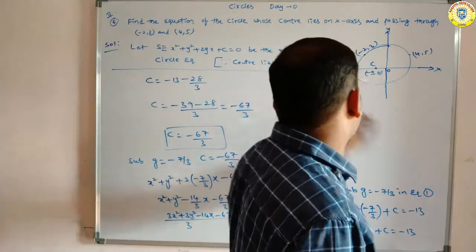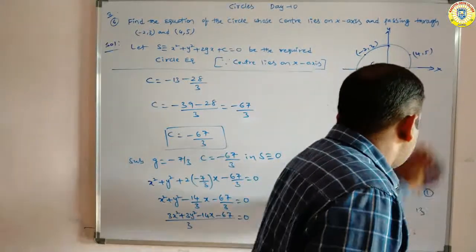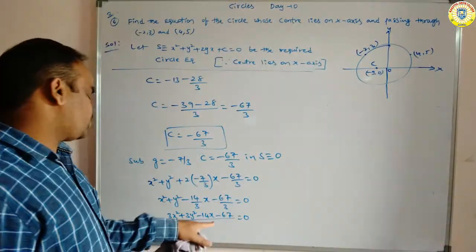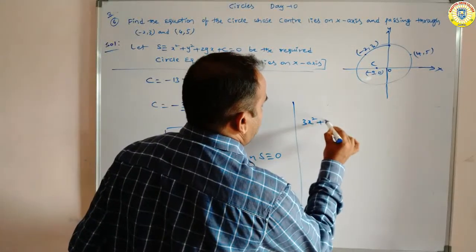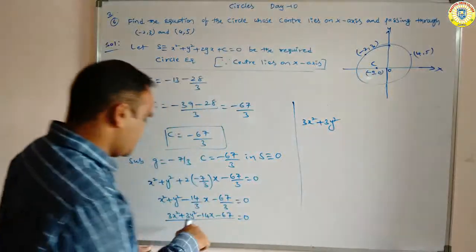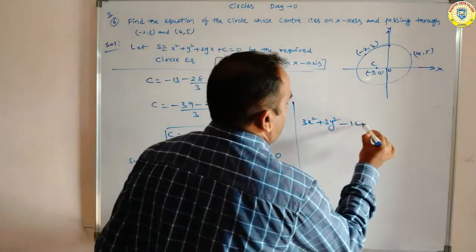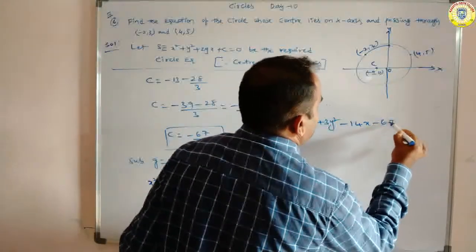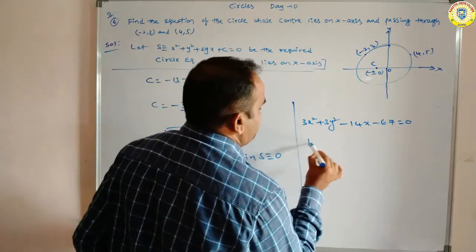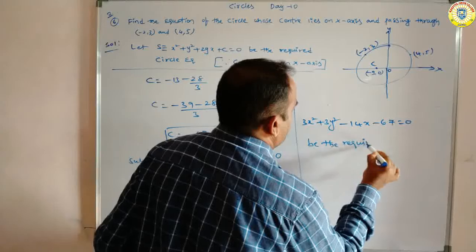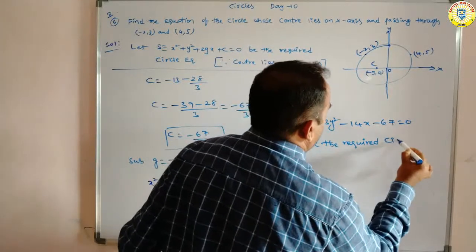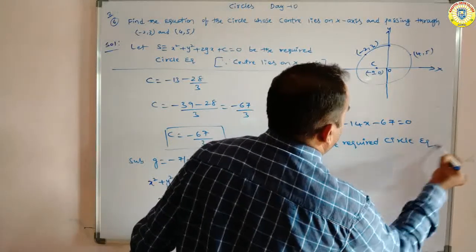Now we are simplifying this one. 3x square plus 3y square minus 14x minus 67 is equal to 0 be the required circle equation.